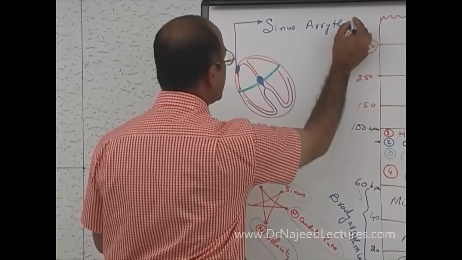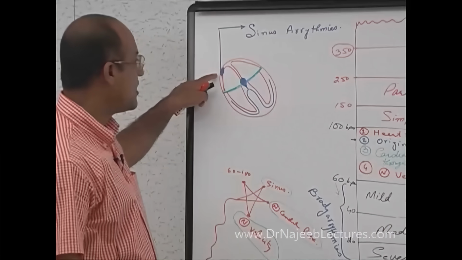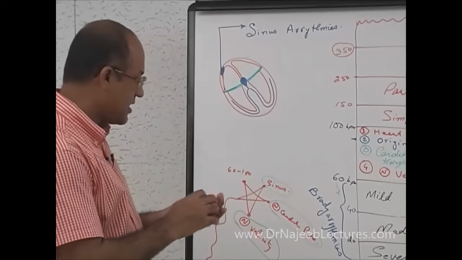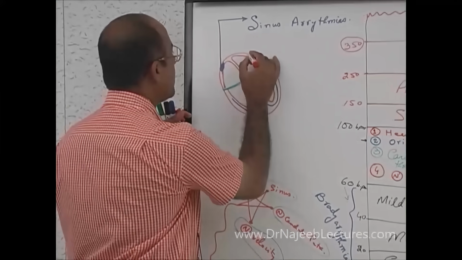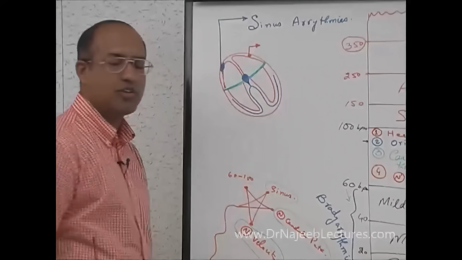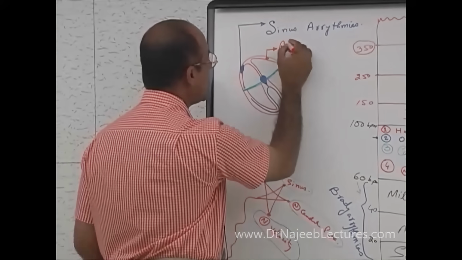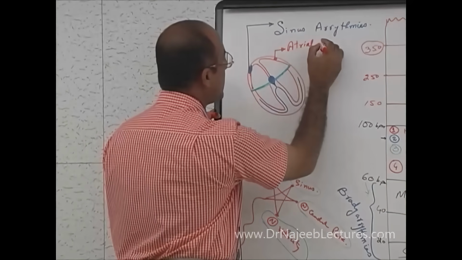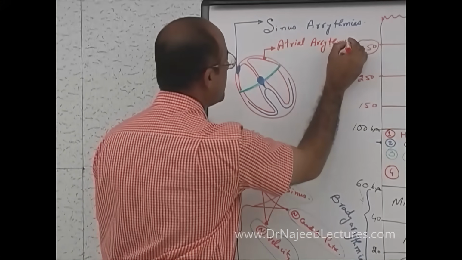Sinus arrhythmias mean when abnormal rhythm is due to some problem within the SA node, right? Then those abnormal rhythms which are due to abnormal activity within the atrial myocardial tissue are called atrial arrhythmias.